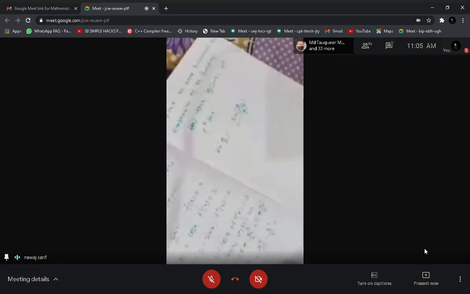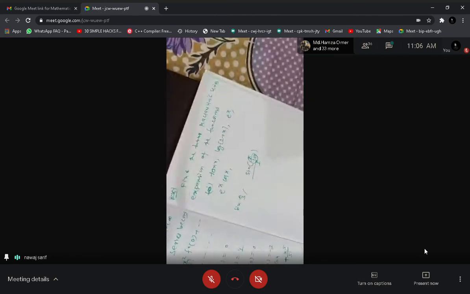So if you know the expansion of that function, then you can directly solve this and find the approximate value of the function. So this is one type of application.